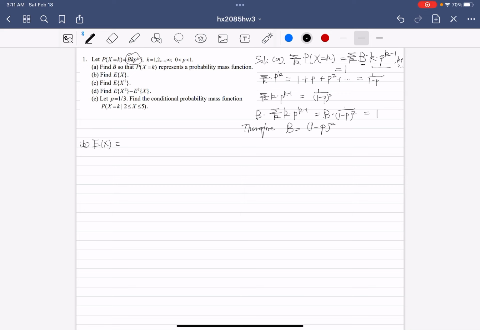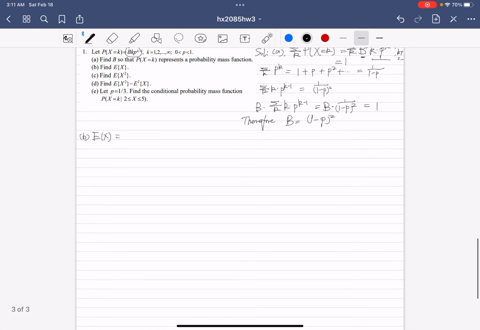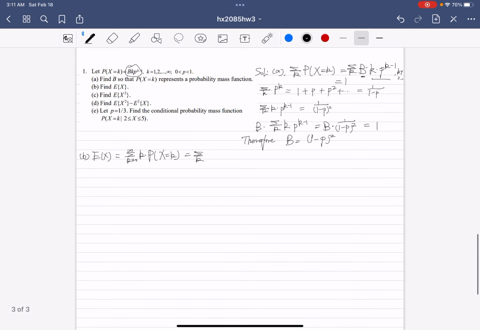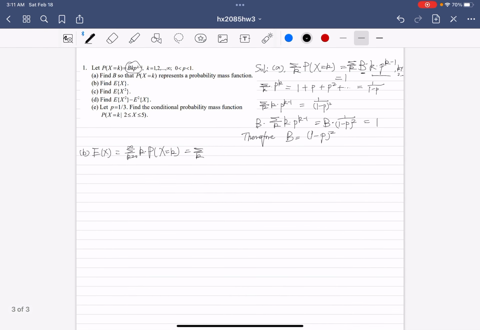We can represent it as the sum of k times the probability that x equals k, which is given in the question above.